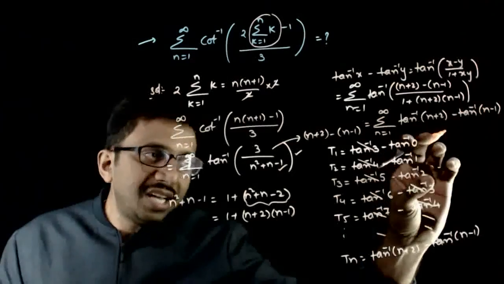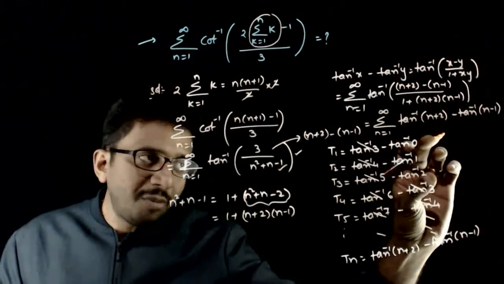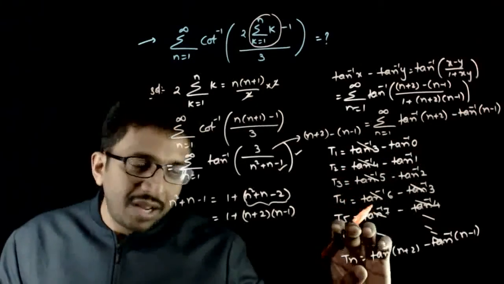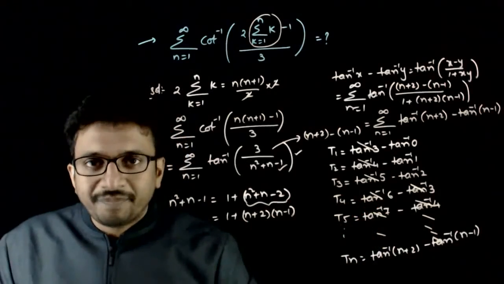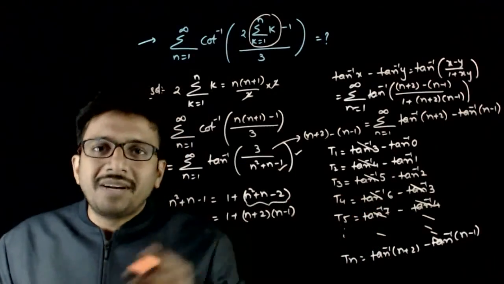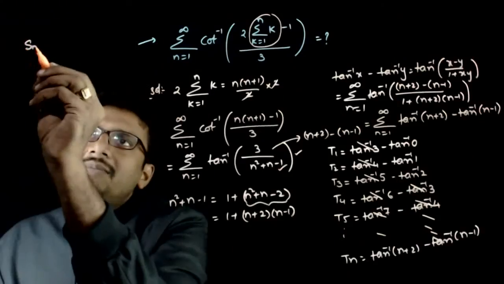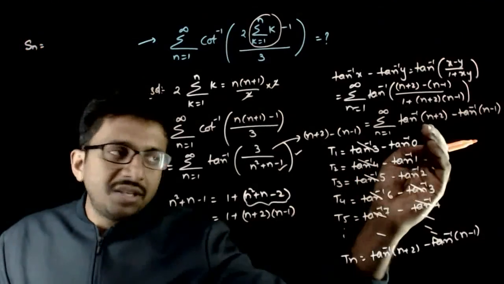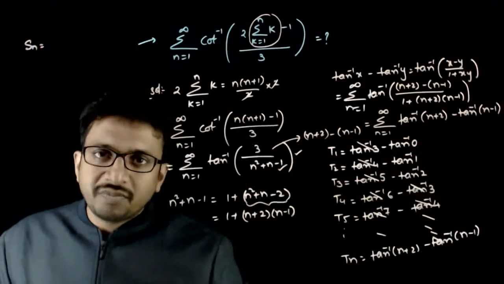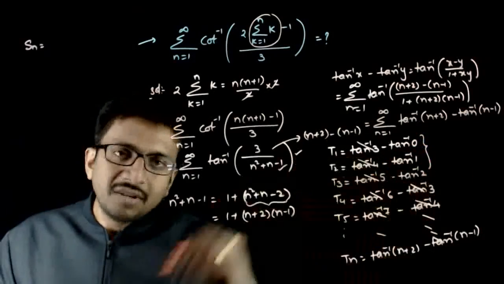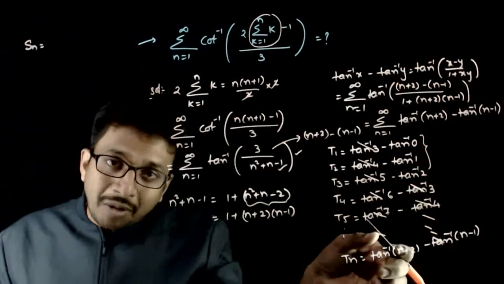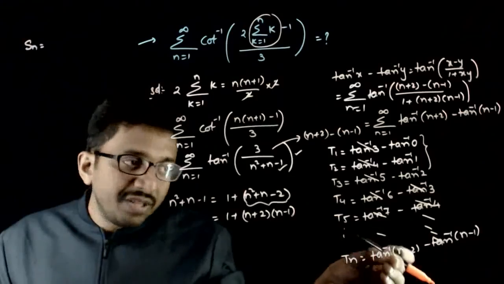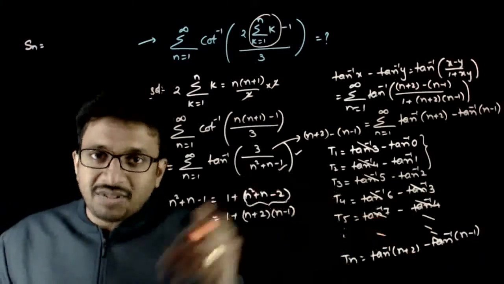And you have 3 terms remaining at the top. So obviously by symmetry you get 3 terms remaining at the bottom. So what is the sum of n terms? The sum of n terms is nothing but tan inverse 0, tan inverse 1, tan inverse 2. So these 3 terms are left out here. And what will be the 3 terms left on this side? Tan inverse of n plus 2, tan inverse of n plus 1 and tan inverse n.